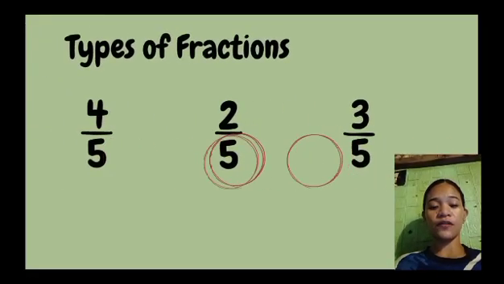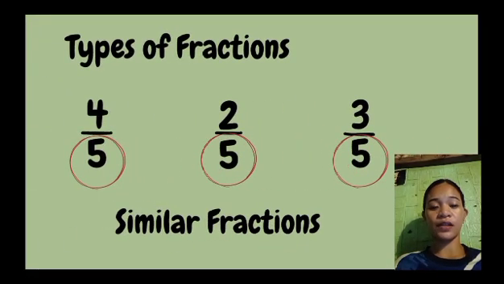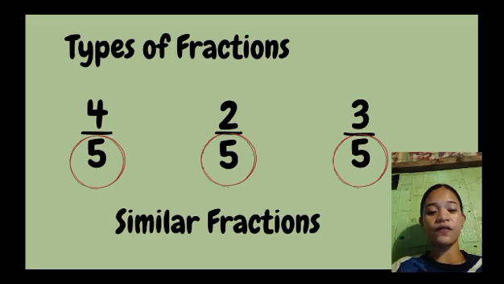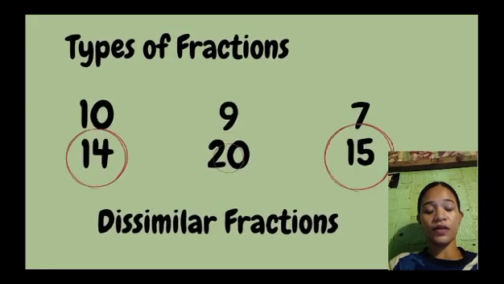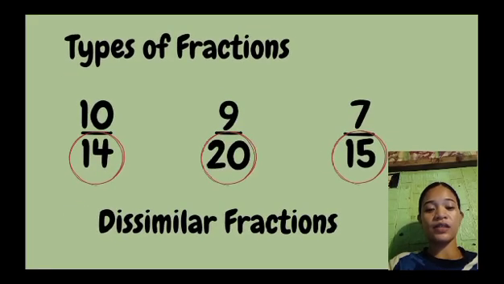Did you know that fractions have different types? If the fractions have the same denominator, then they are called similar fractions. If the fractions have different denominators, then they are called dissimilar fractions.